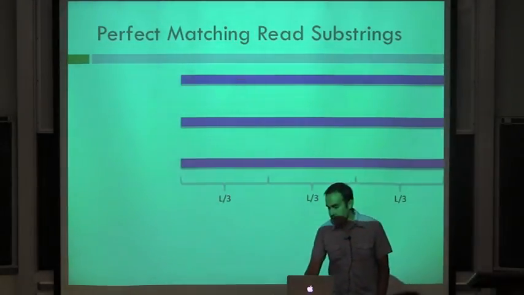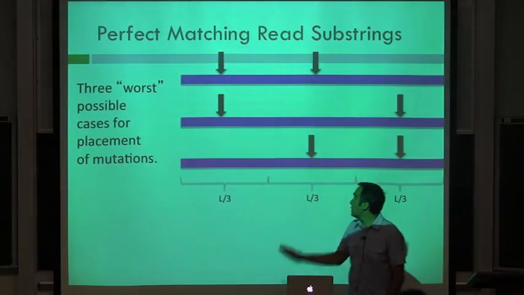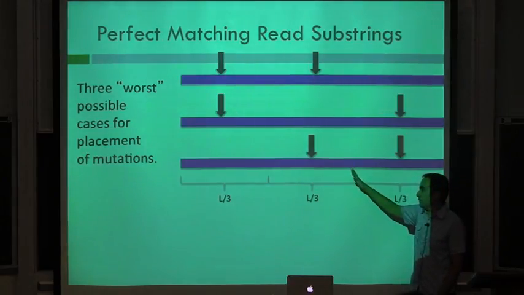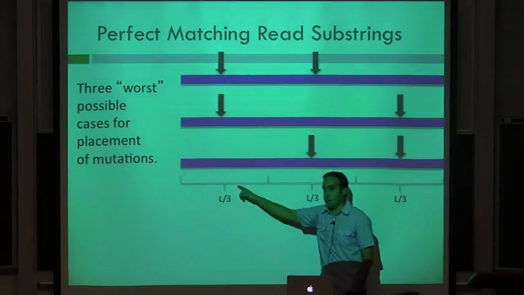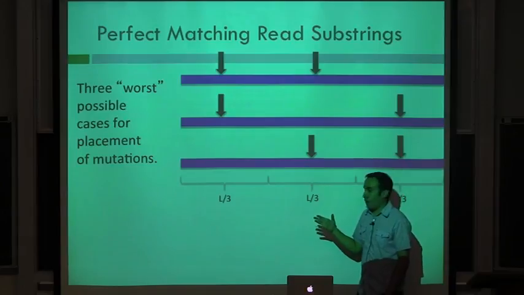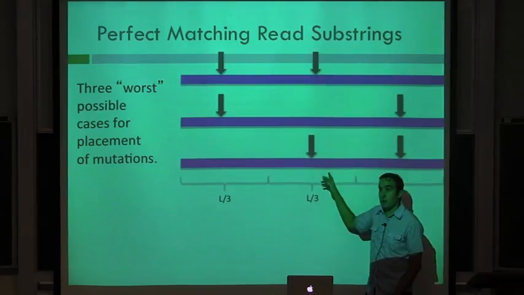This is kind of the worst case scenario for where the mismatches can fall. What I mean by worst case is that if they fall into different thirds, in either case, you'll always have 1/3 that will match your read perfectly in the genome. The not worst case would be 2 mismatches falling into the same third, and then you have 2/3 that would match perfectly.